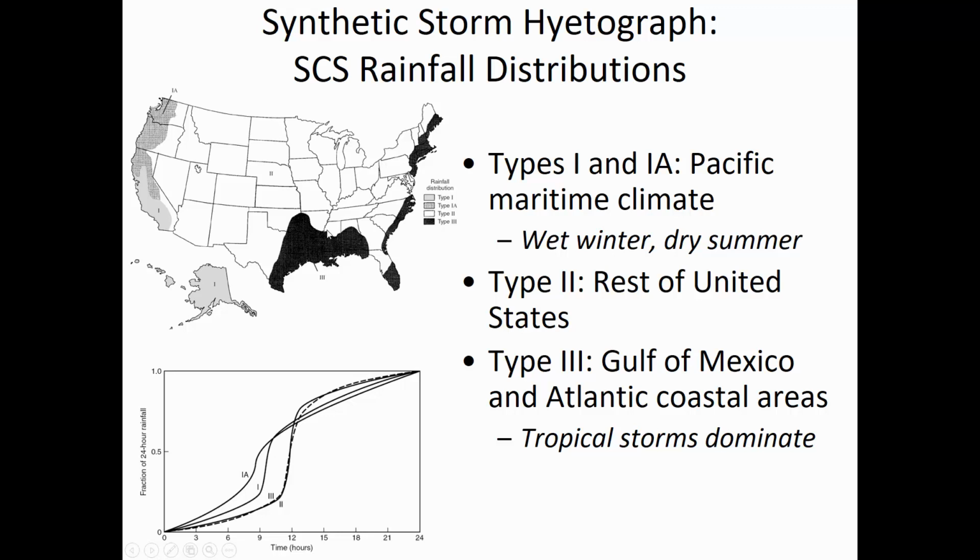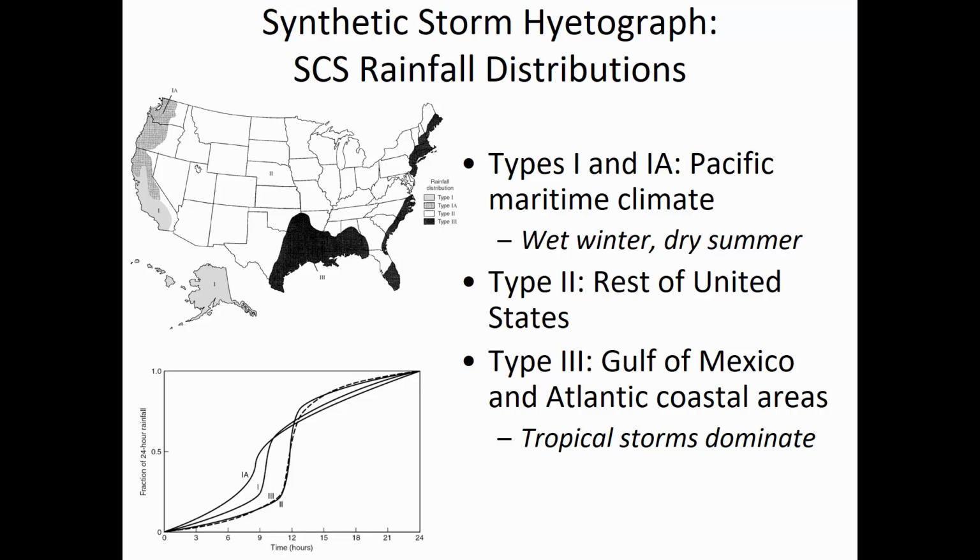And type 3 is where it's influenced by hurricanes and storms from out at sea. We don't really have those in West Virginia, but these are the places that get hurricanes occasionally. There is this figure that shows these values, and when we get into watershed modeling, it's been digitized.